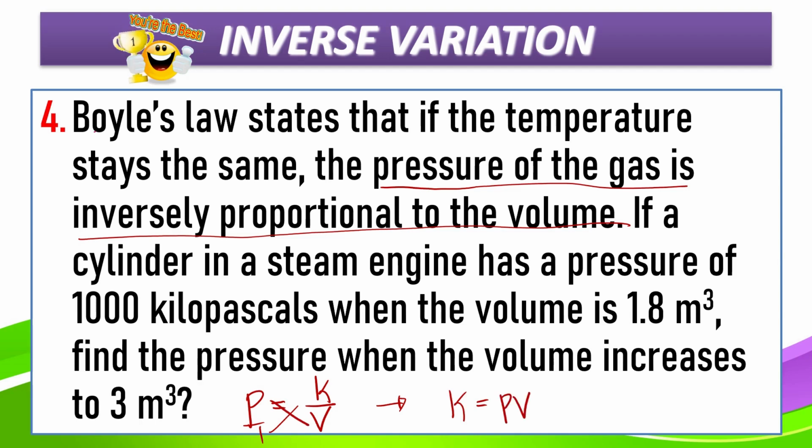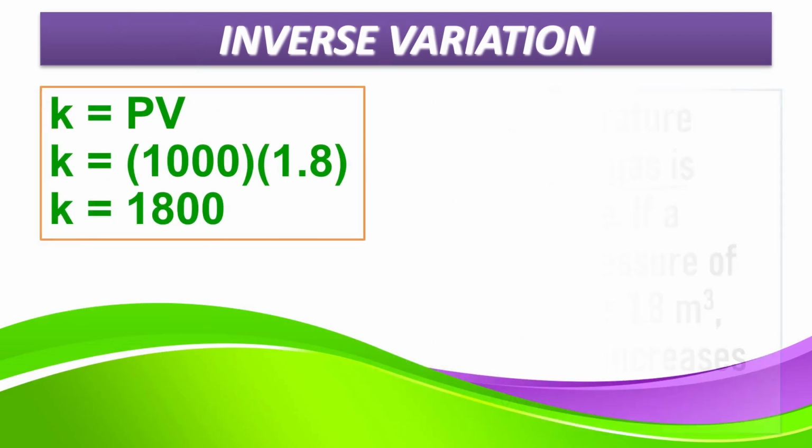So, that will be the formula to solve for K. K is equal to PV. K is equal to 1000 kilopascals for the pressure times V, 1.8 cubic meters. Multiplying these two, we will get 1,800.